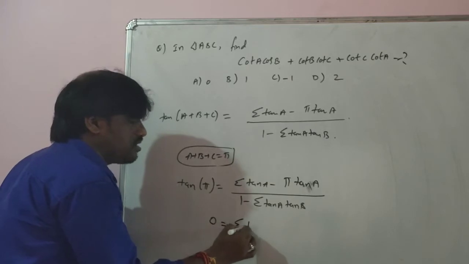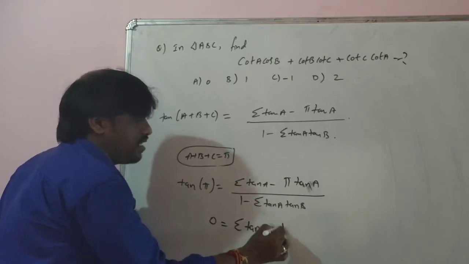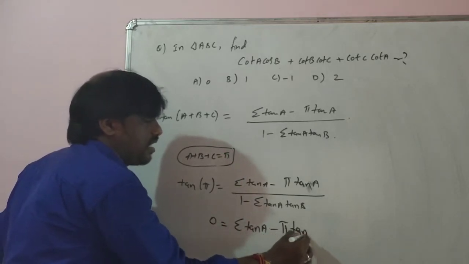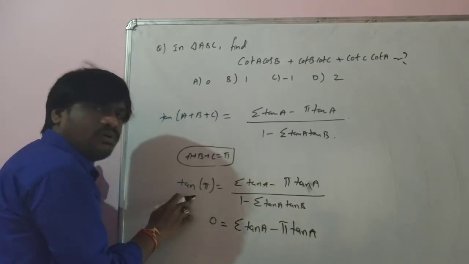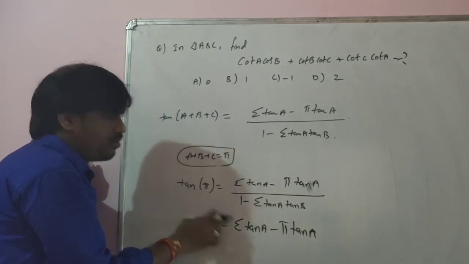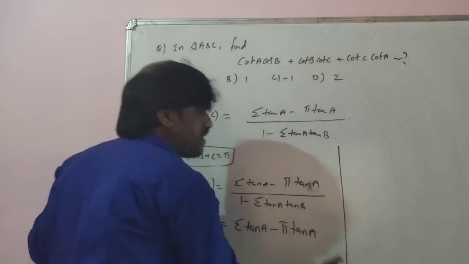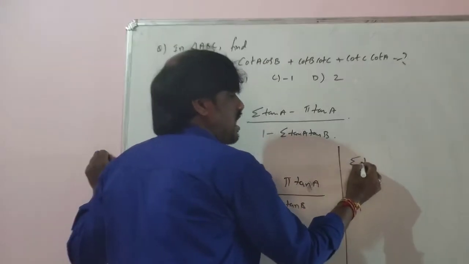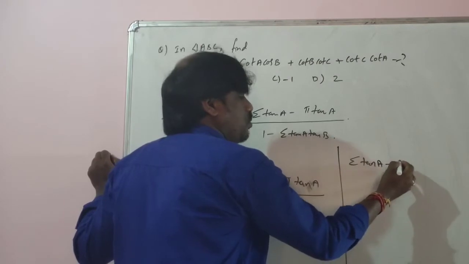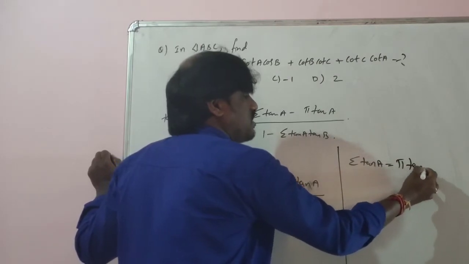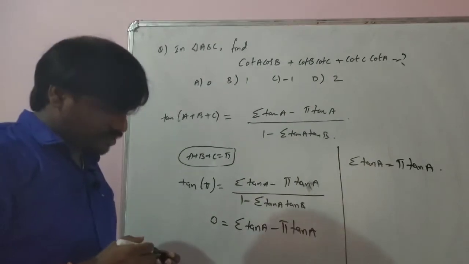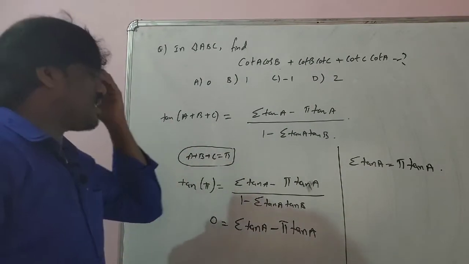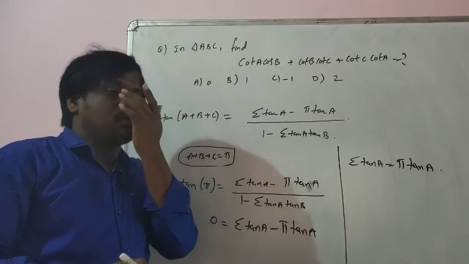So 0 is equal to sigma tan A minus pi tan A. Hope you understand here: the denominator is multiplied by 0 because tan pi value is 0. This is a very important result, that sigma tan A will be equal to pi tan A if it is given a triangle. So they gave ABC is a triangle, and then we get the condition that sigma tan A is equal to pi tan A.